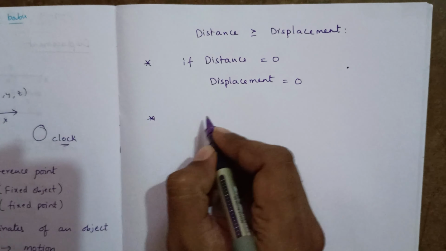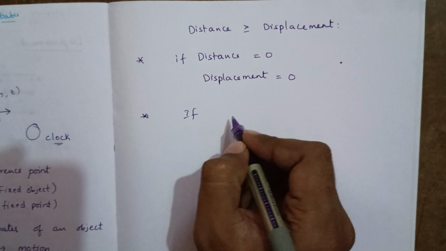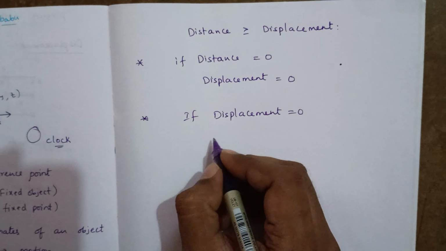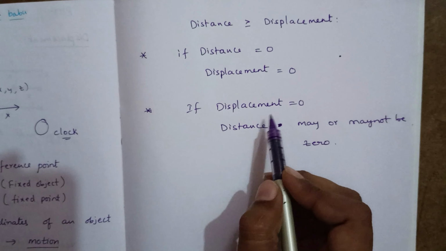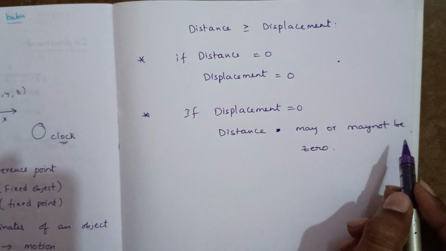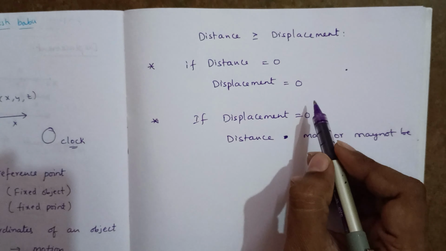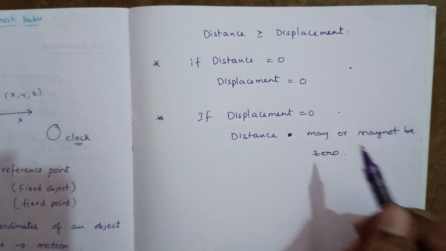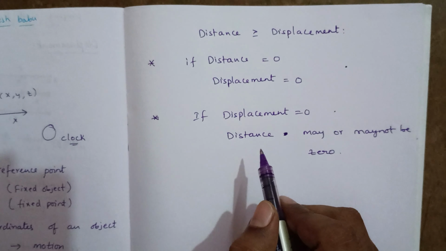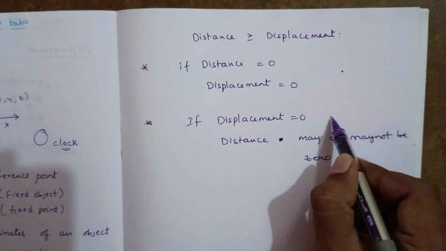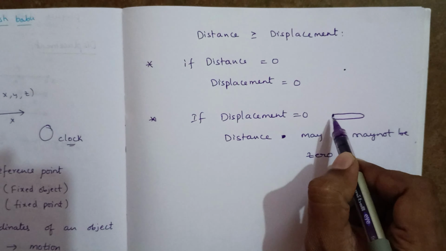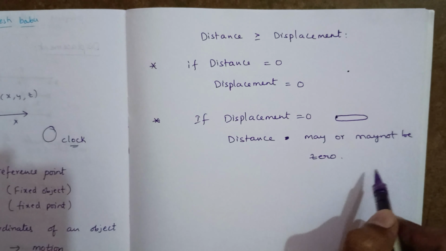Now if displacement equals 0, then what about distance? If displacement is 0, distance may or may not be 0. If a body does not change its position, displacement is 0 and distance is also 0. If a body travels to some point and returns to the initial position, displacement is 0, but there is some distance.